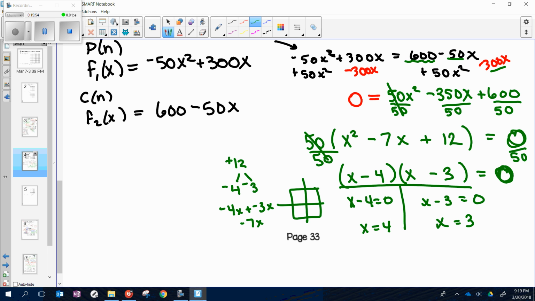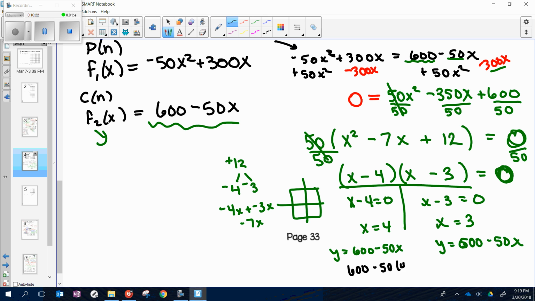All right, let's see what happens now when I go to find my y values. So this is acting like y over here. So y would be 600 minus 50x. I'm going to use the easier equation, 600 minus 50x, and I'm going to put my numbers in. So when I put in a 4, 600 minus 50 times 4, 600 minus 50 times, put my 3 in.